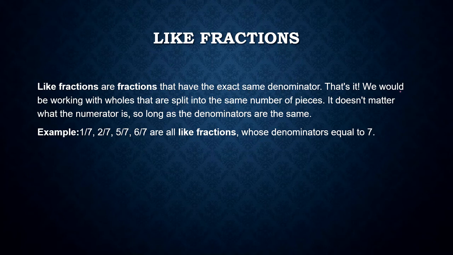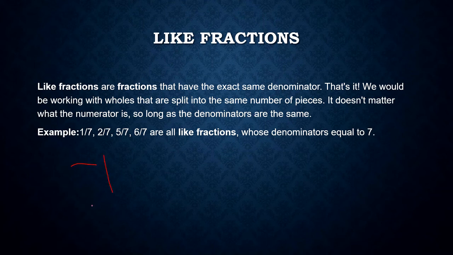Like fractions. Like fractions are fractions that have the exact same denominator. We would be working with wholes that are split into the same number of pieces. It doesn't matter what the numerator is, so long as the denominators are the same.